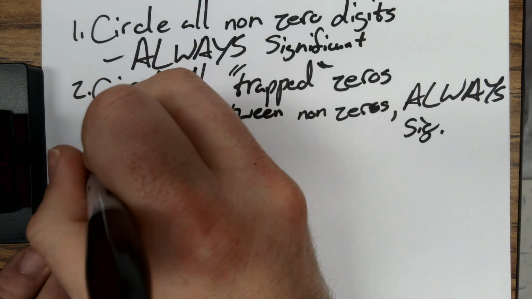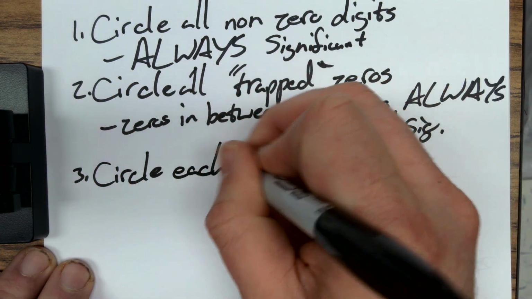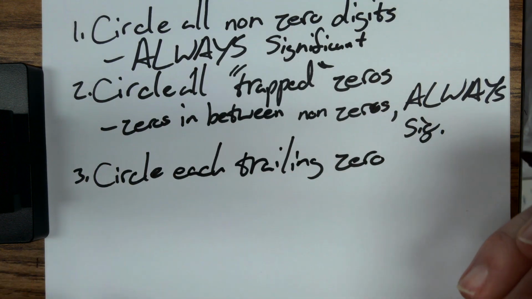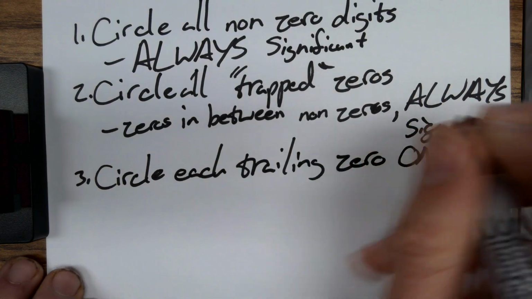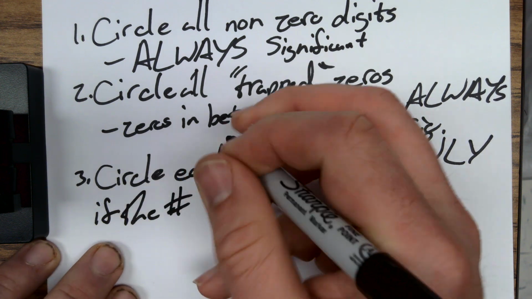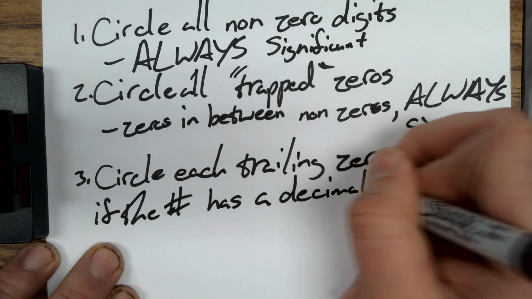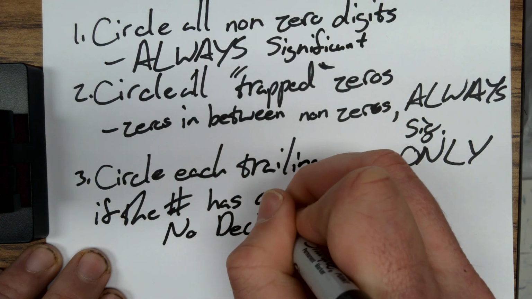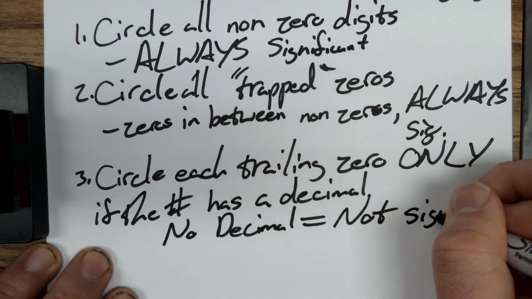Rule number 3, we need to circle each trailing zero only if the number has a decimal. No decimal, not significant.